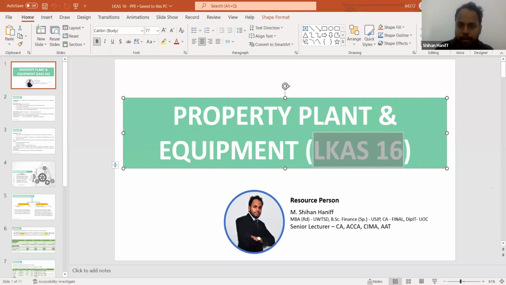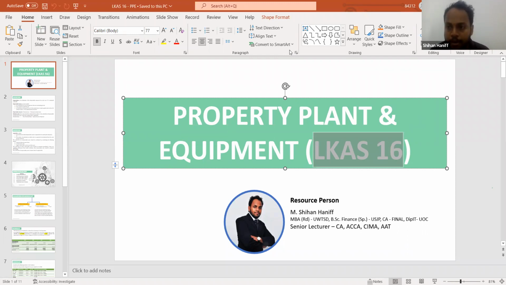If you take the exam paper, in many areas you will be checked on this property, plant and equipment adjustment, especially in company final accounts, sole proprietorship, manufacturing accounts, and partnership. All the main questions, and also cash flow statements, will check this standard. So this is a very important chapter.